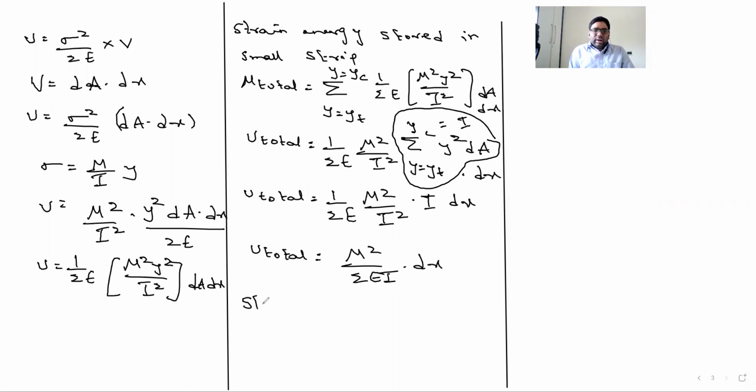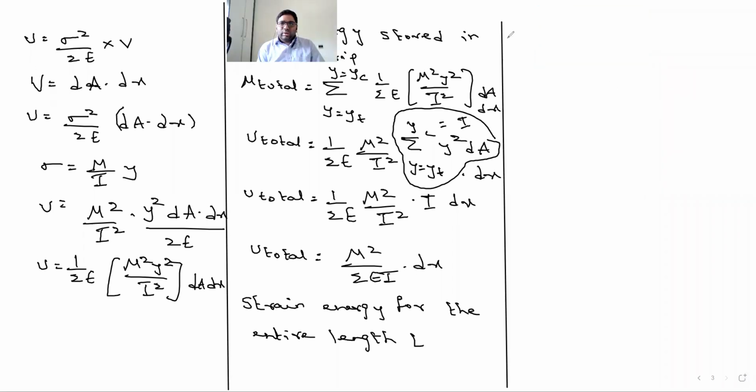Now strain energy for the entire length L is equal to how much? Capital U is equal to integral 0 to L of M square by 2EI into dx.